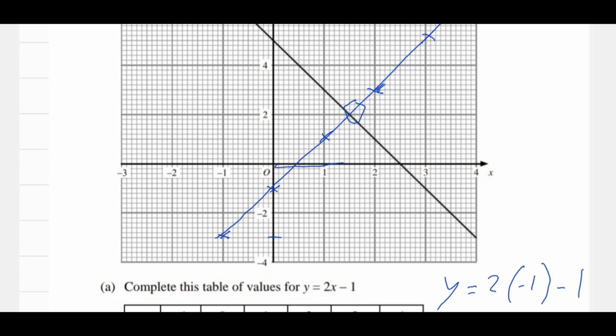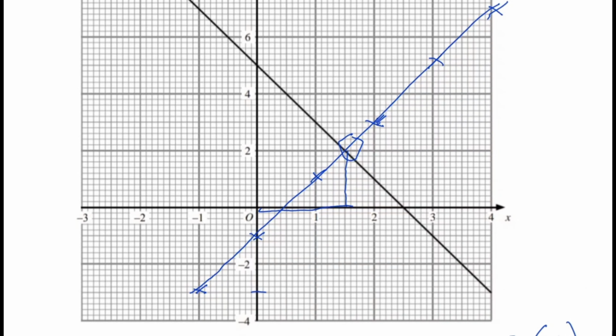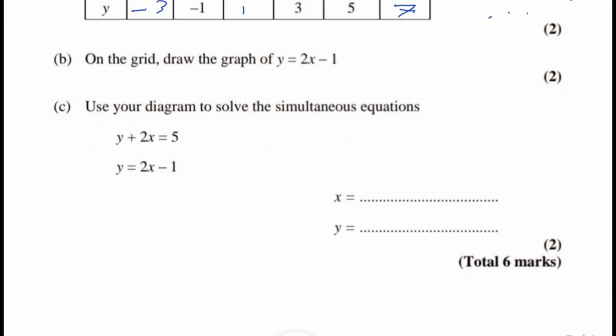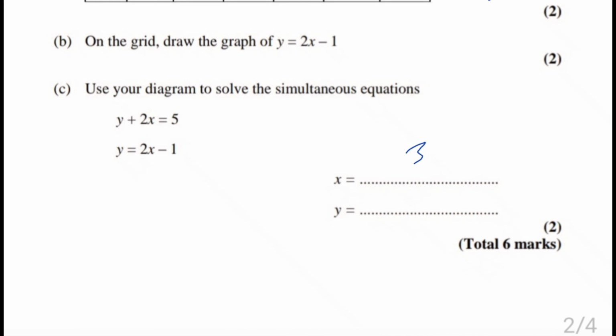So we can draw this out. 1.5 in the x, 2 in the y. We can put this into the final part of the equation.